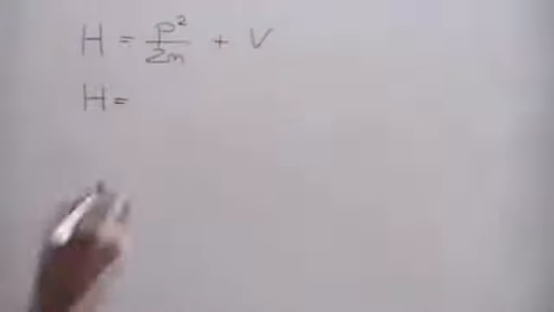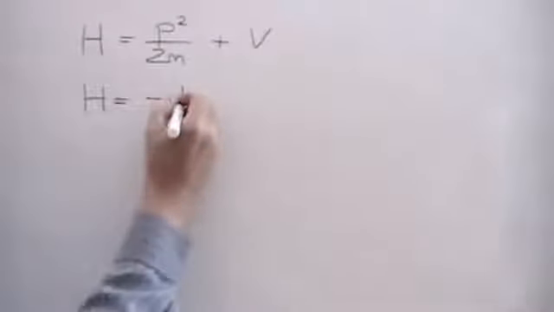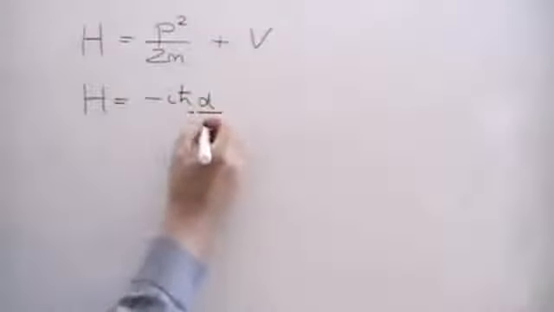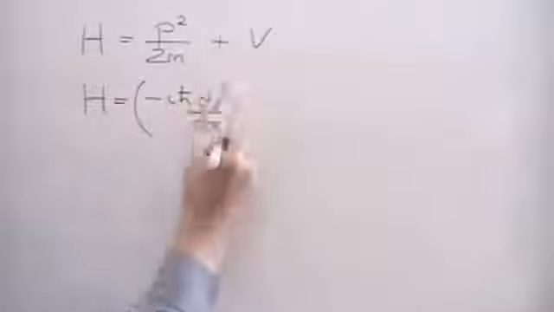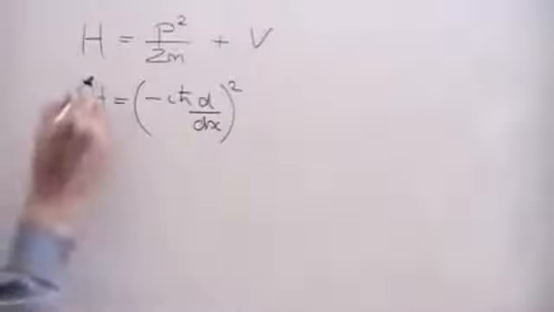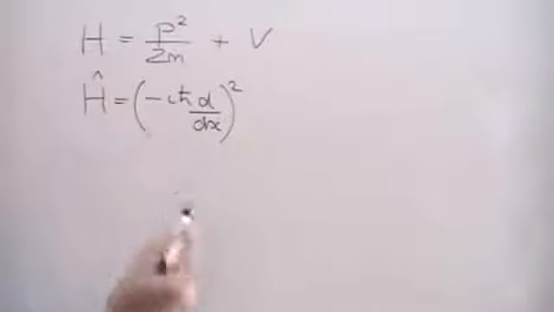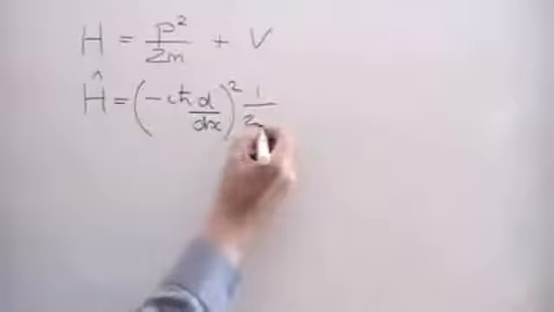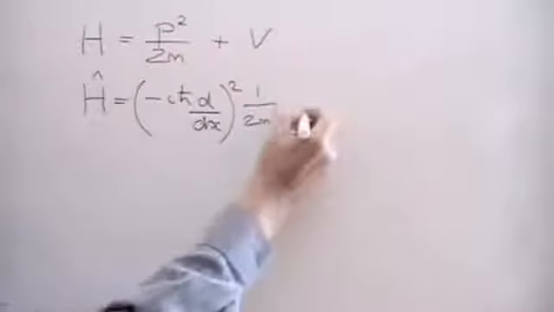Dx. So we can now say that this is minus i h bar d by dx all squared, which is effectively what P is as an operator. If we're going to make these operators now, times 1 over 2m, which is this term here, plus v.